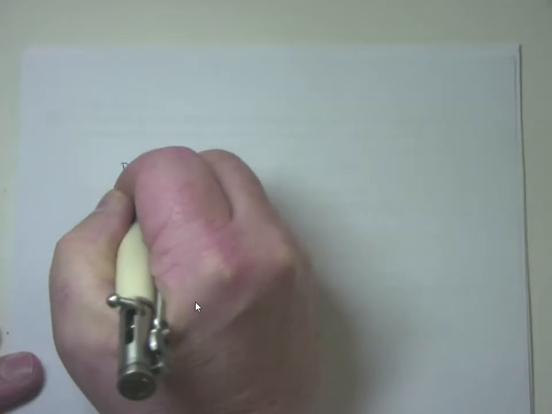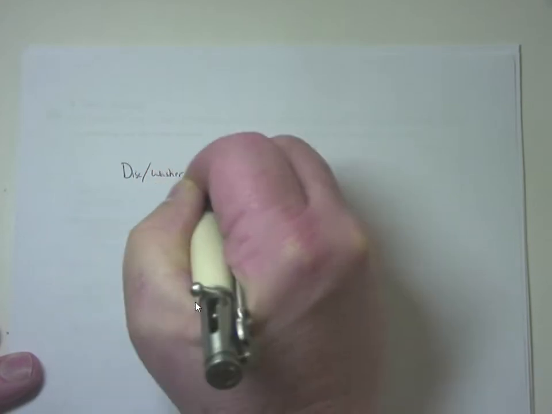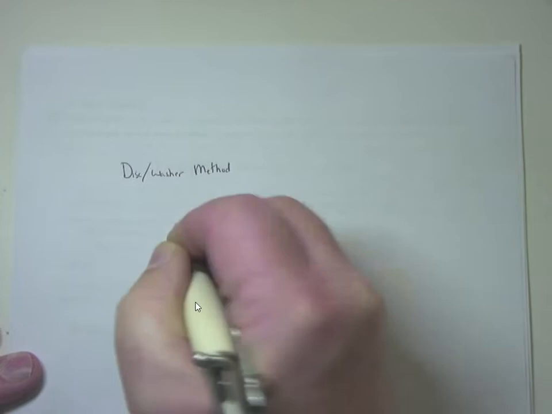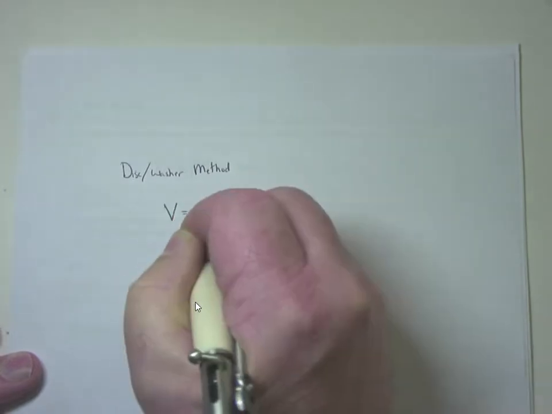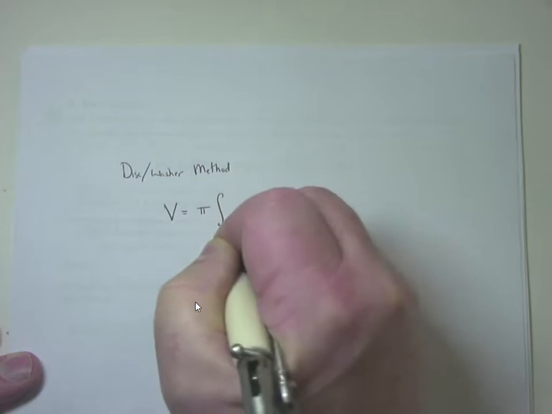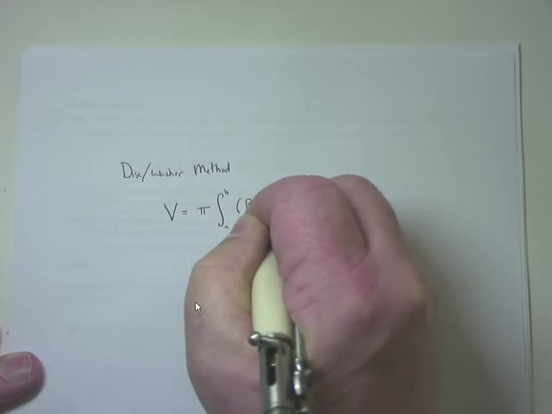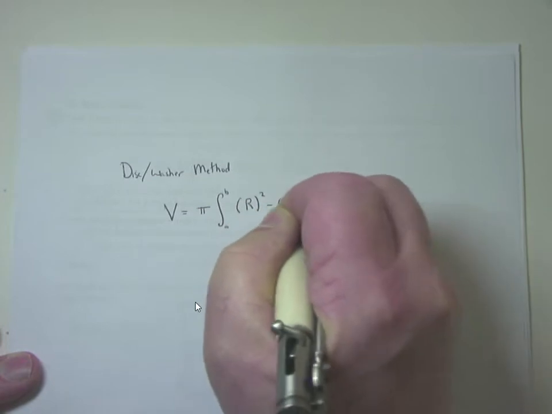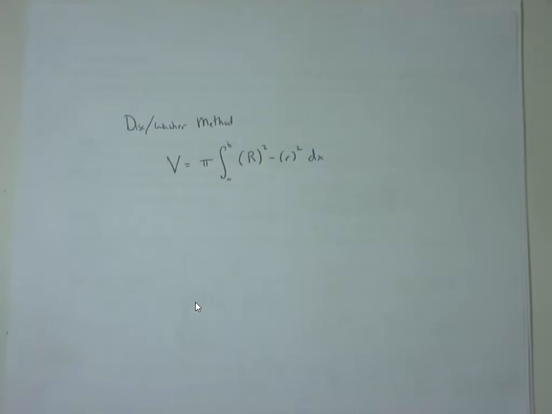Now, you have what we call the disk washer formula, the disk washer method. That is, volume is equal to pi times the integral from a to b of big functional radius squared minus little functional radius squared dx. Now, what is this formula going to give me?